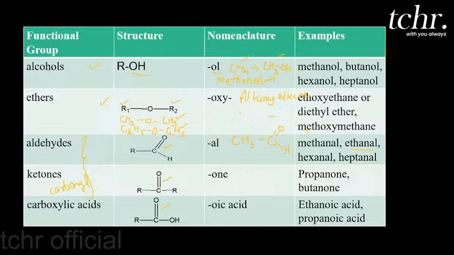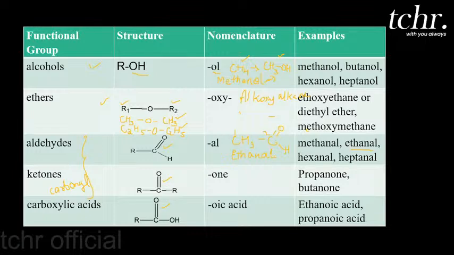So this is carbon 1 and this is carbon 2. So totally 2 carbons. You know that 2 carbon atoms means ethane. Here also, remove the last E and add the suffix al and it will give you the name ethanal. Is it clear how to name aldehydes?